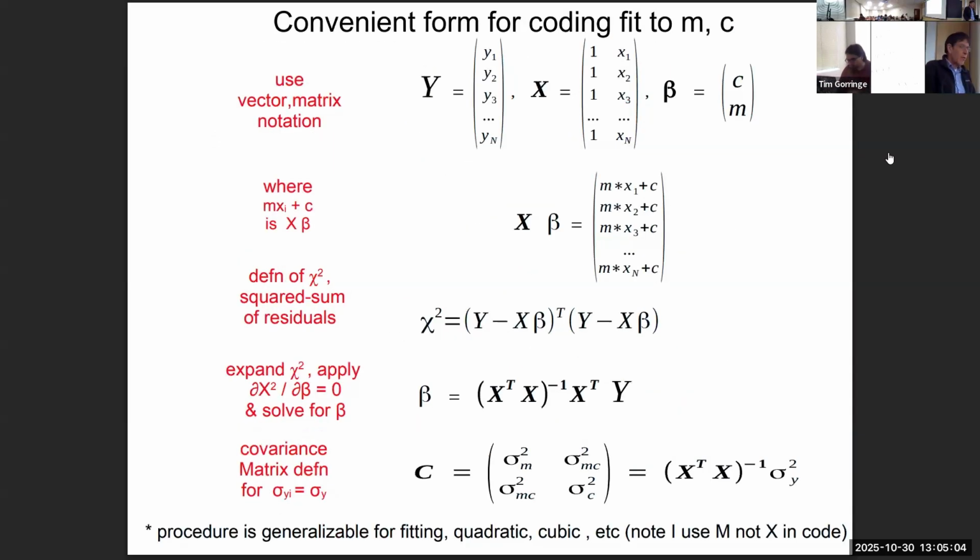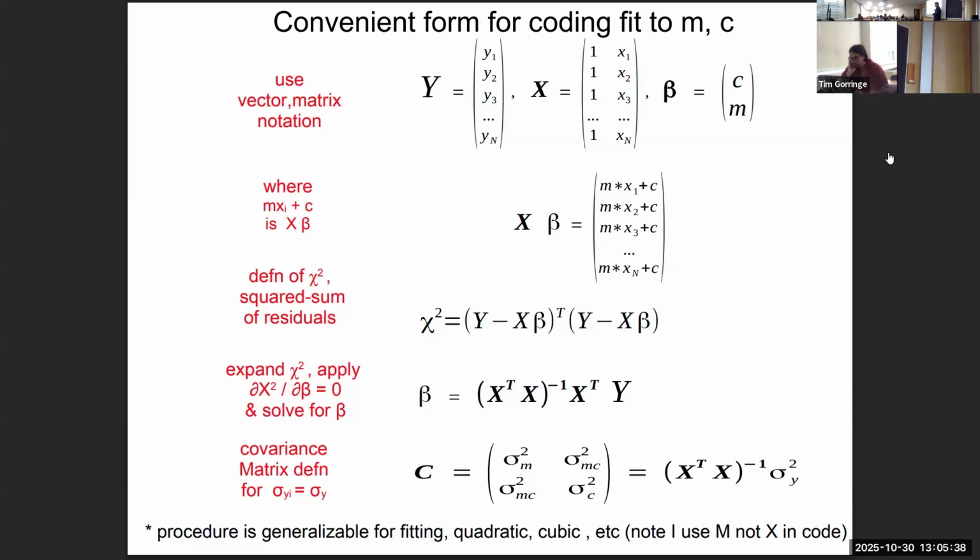Okay, this is how we're going to implement that equation for the best values of M and C in our Python code. This is how I've implemented it in the Python code I'm going to show you. It takes advantage of the possibilities within NumPy for defining vectors and matrices and doing algebra with them.